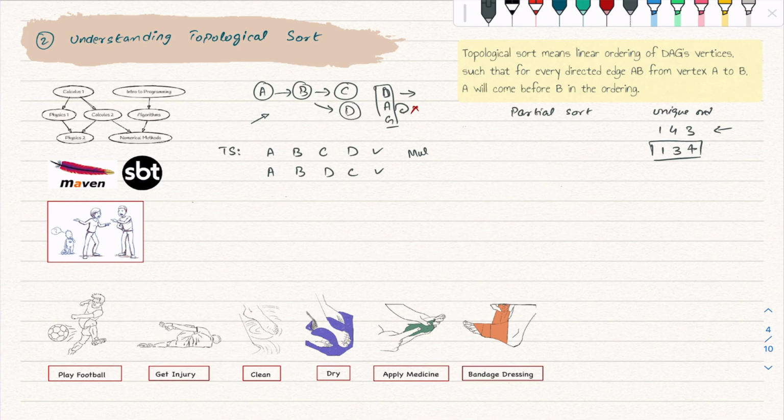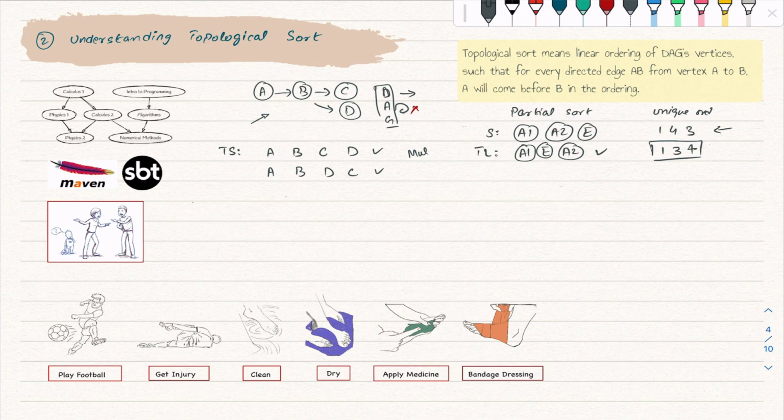But let's suppose you join a course, and that course has 3 subjects, Algebra 1, Algebra 2, and English. There is one restriction, that Algebra 2 can be done only when you have completed Algebra 1. So what will be the right topological sorting of this graph? You can say, I can do Algebra 1 first, then English, then Algebra 2.